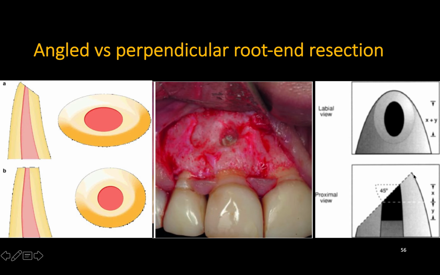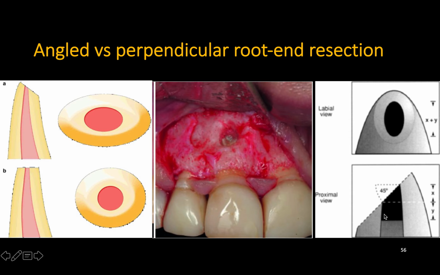Also, if we resect the root end in a perpendicular way, the root end preparation cavity, the class 1 cavity, will be uniform, so we can place the root end filling material in a suitable depth in all areas of the cavity. However, if your root end resection angle was not perpendicular, then the cavity depth will not be the same on all areas.